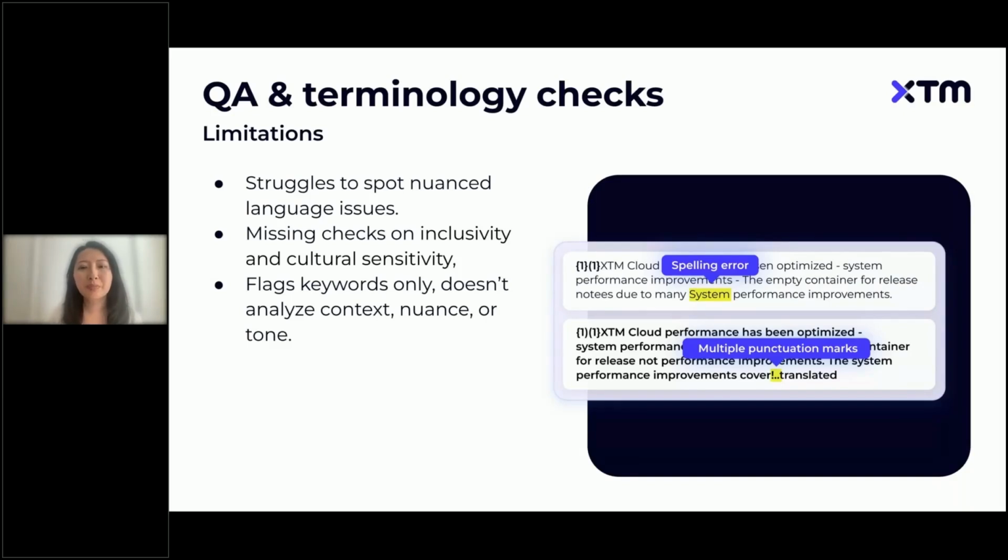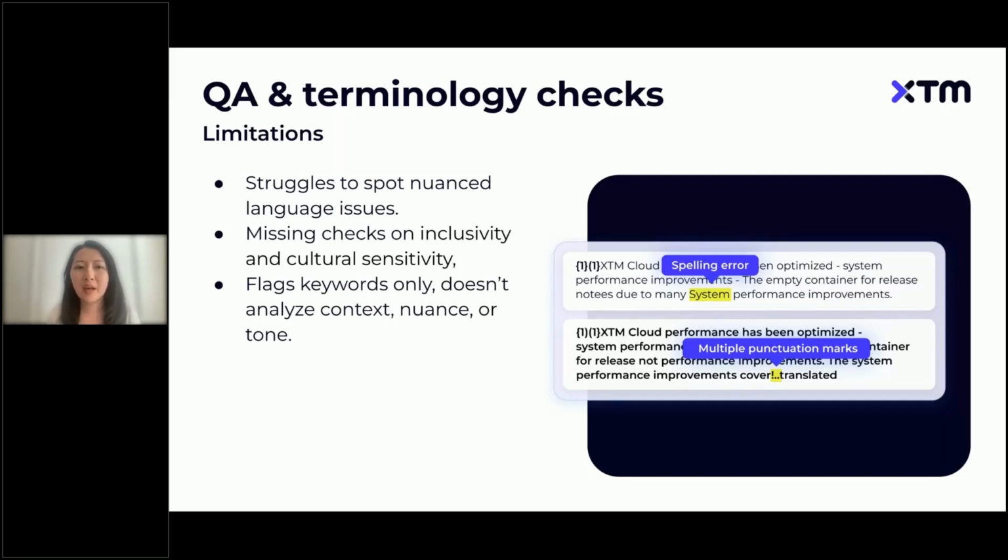These tools often miss nuanced language issues like inappropriate or biased terminology across different languages and regional variants. So these systems don't account for broader quality dimensions like inclusivity and cultural sensitivity. And while they can pick up on keywords, they might ignore the context and nuance in how these words are being used. So there's some limitations there.